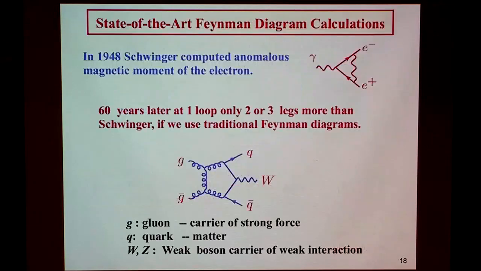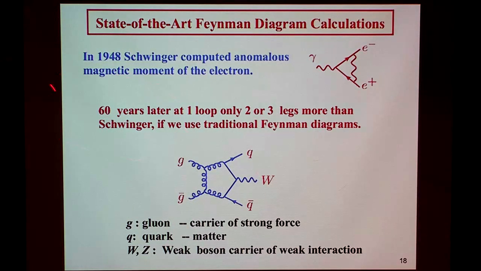But anyway, let's talk about Feynman diagrams, the complexity of Feynman diagrams. Back in 1948, Julian Schwinger computed the anomalous magnetic moment of the electron, the first contribution to it, and it was a 3-point diagram. So you have 1, 2, 3 legs on the outside.